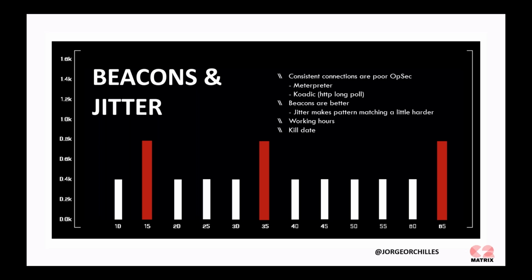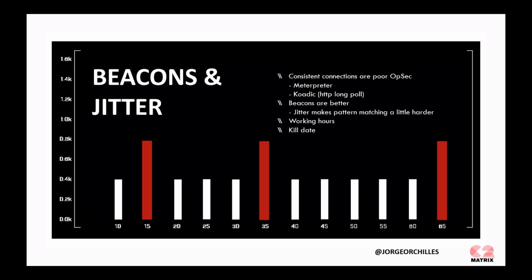But generally a consistent connection, say over HTTP, looks really shady. Most blue teams will catch that because HTTP is not supposed to be a consistent connection. It sends requests and you get responses back. So things like Meterpreter, which I'm sure everyone's familiar with, is that consistent type of connection.